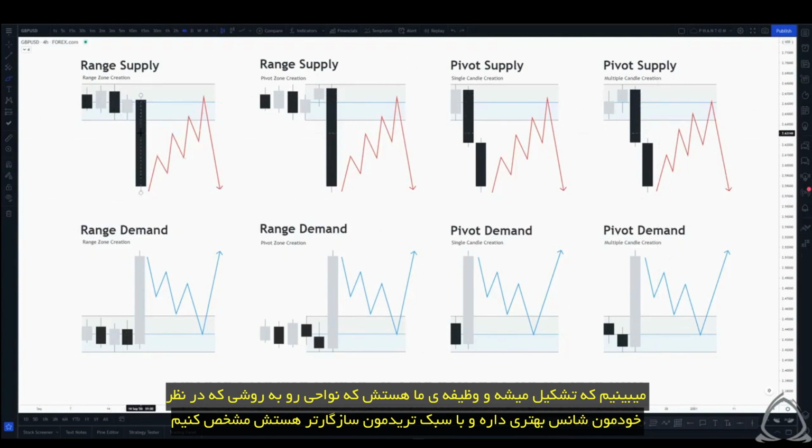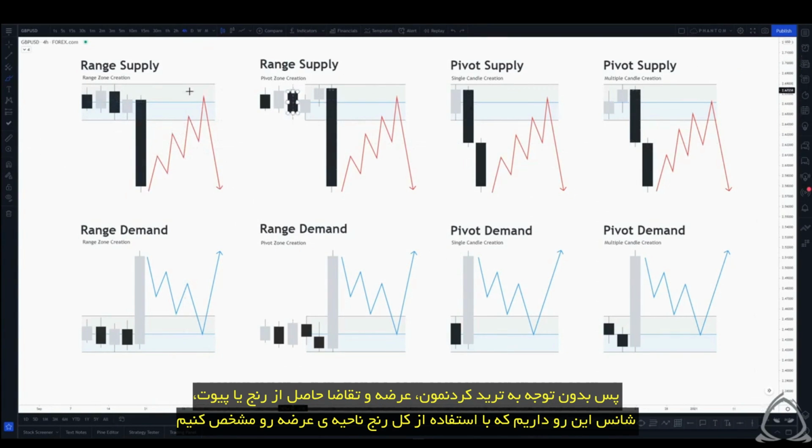We see it being created, and it's our job to map out the zone in which way that we feel is the most high probability for our trading style. So regardless if we're trading range-bound created, supply and demand, or pivot, we have the opportunity of drawing our supply zone using the entire range.